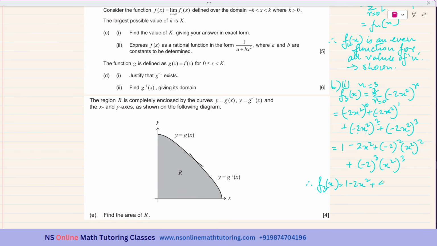So it is plus 4 and x square raised to the power of 2 is x raised to the power of 2 times 2, which is 4. And minus 2 raised to the power of 3 is minus 8. And x raised to the power of 2 times 3 is 6.